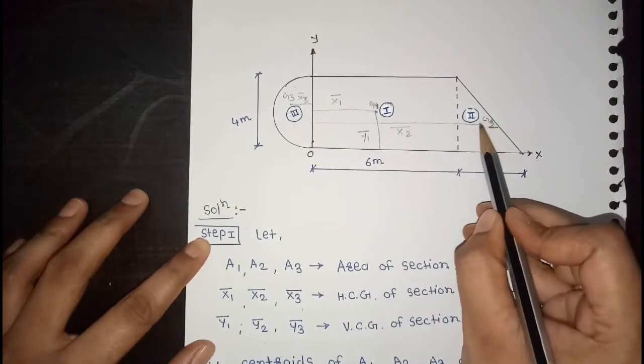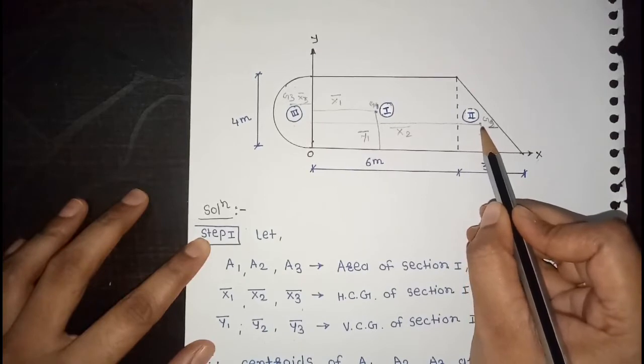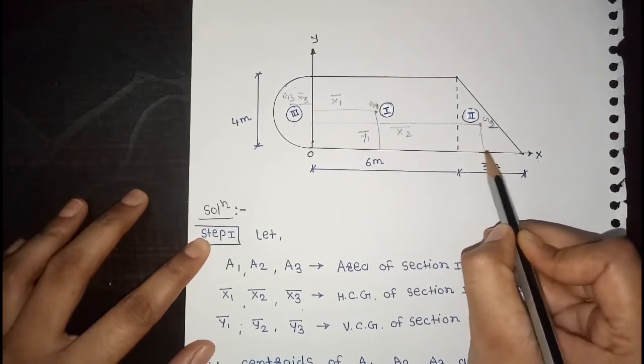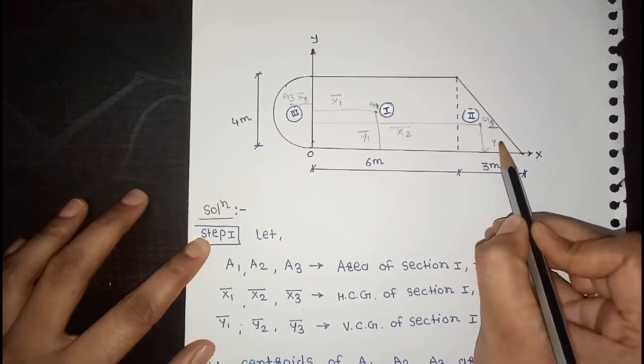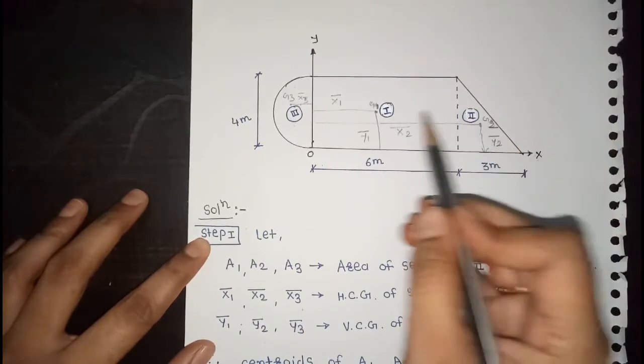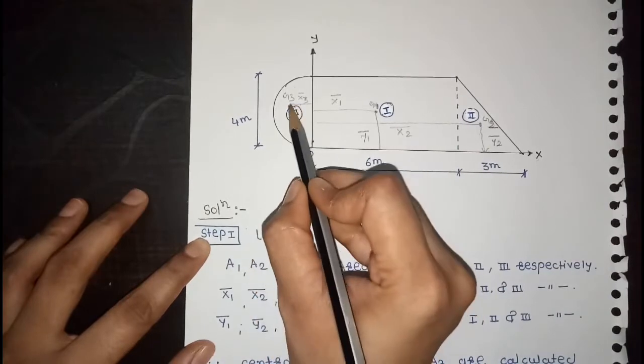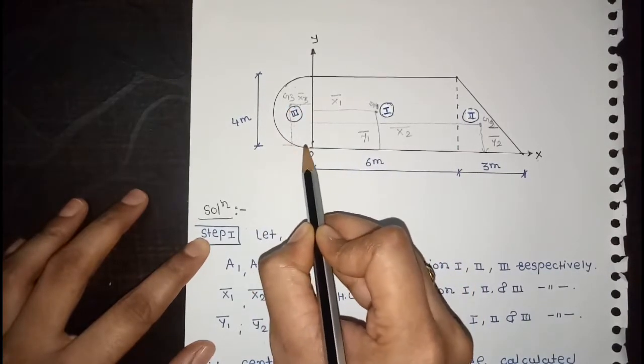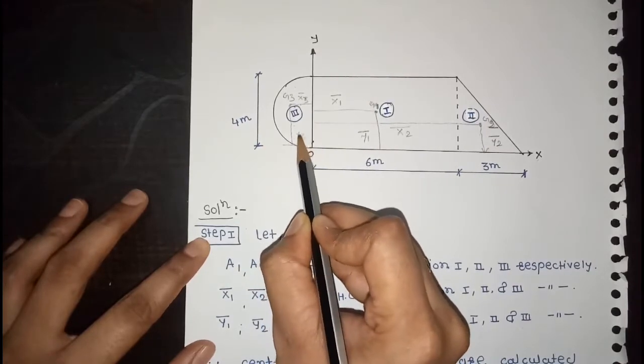For the second section, G2, Y2 bar is the distance between point G2 to base of x-axis, and distance between point G3 to base of x-axis is Y3 bar.